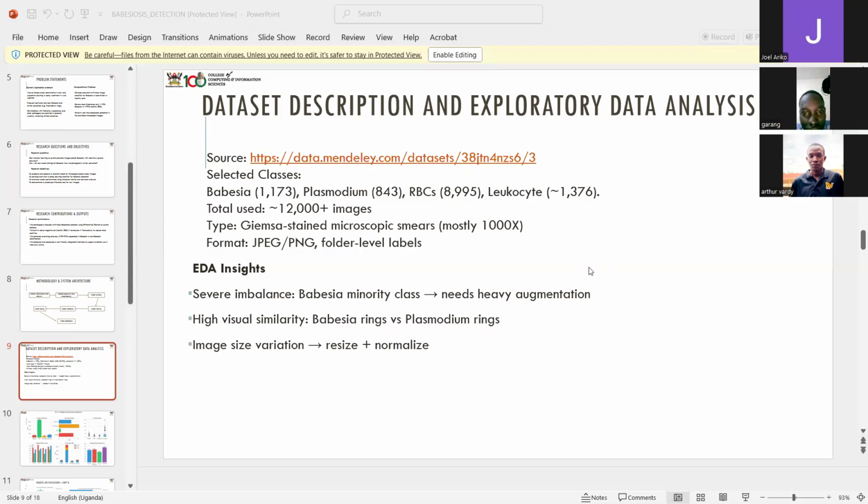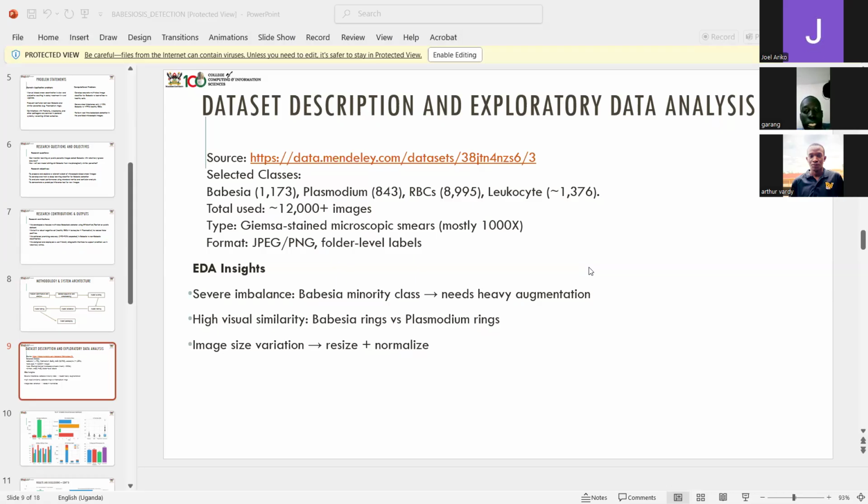The type: these are microscopic smears that we got, which are 1,000X magnified. The format is JPEG and PNG. From the EDA analysis we got a severe imbalance, where the Babesia minority class needs heavy augmentation, and high visual similarity between Babesia rings and Plasmodia rings.